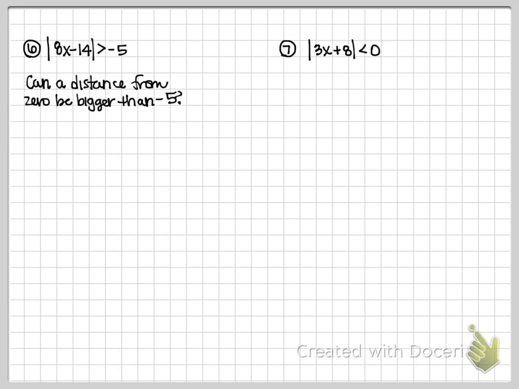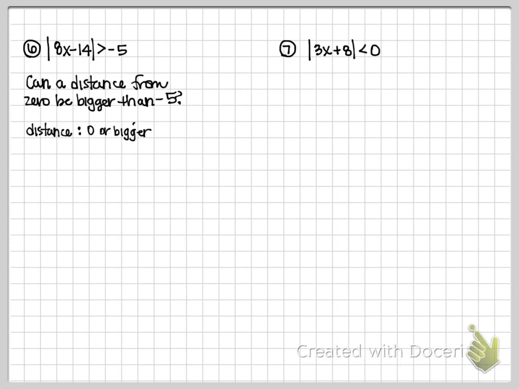Okay, well, let's see. Distance can be 0 or positive. So distance can be 0 or bigger. So all positive numbers are bigger than 0. Oh, okay. All right, so can a distance from 0 be bigger than negative 5?